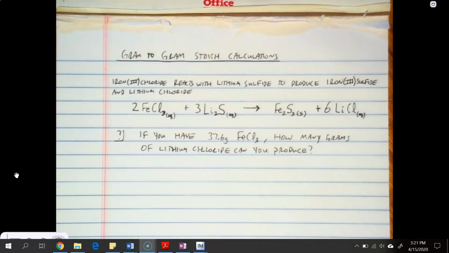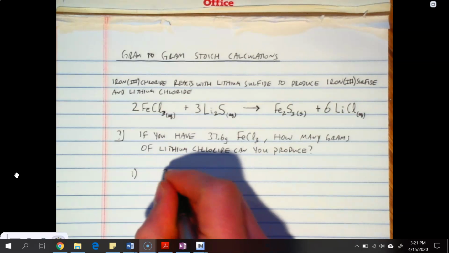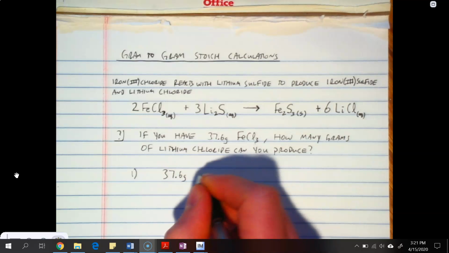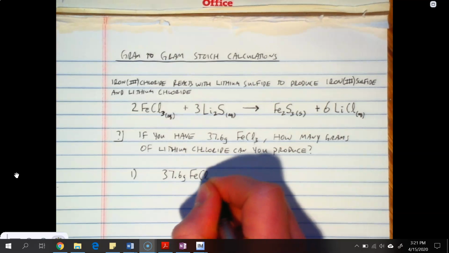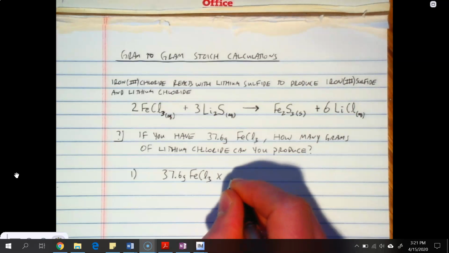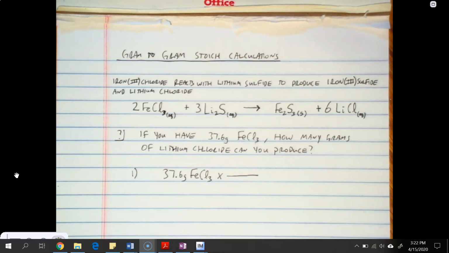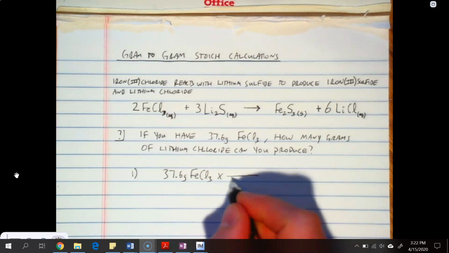All right? So the first step I'm going to do, I'll call this just a little one, is actually convert grams of iron 3 chloride to moles of iron 3 chloride. So I'm going to start with 37.6 grams of FeCl3, and then I'm going to do a fraction. All right.